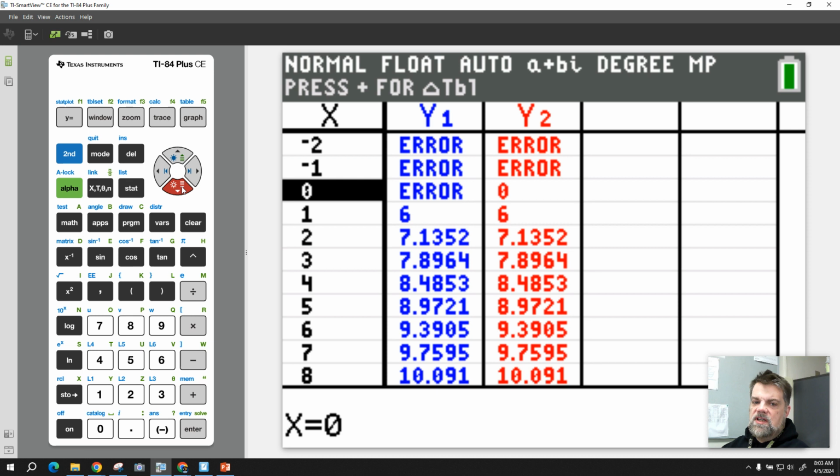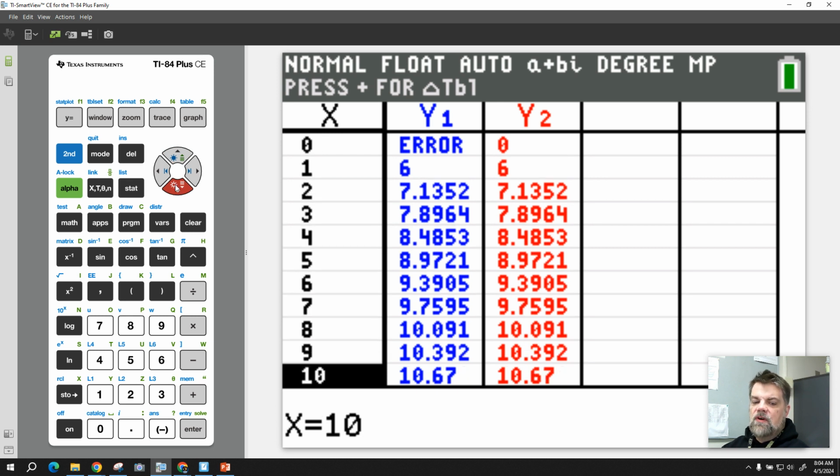Now there's some issues here where we have an error, and I'll explain what that means. Well, we'll talk about that later. So the last thing we want to know is what is the value of y when we plug in 16.